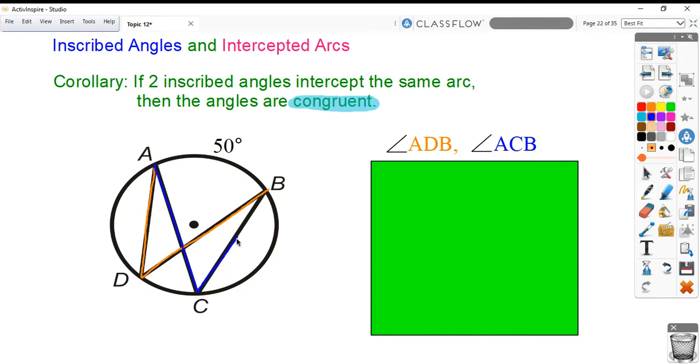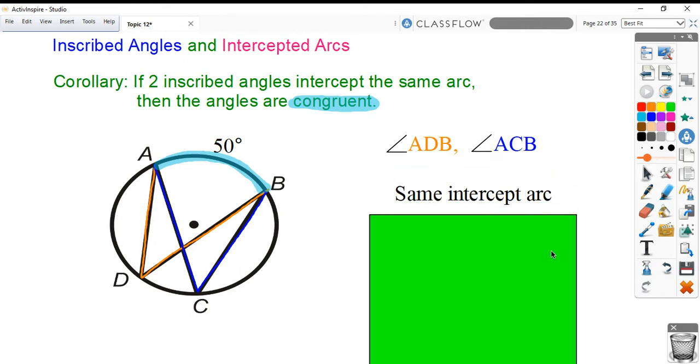Now, both of these angles, when you look at their naming conventions, go from A down to another point and then back up to B. And so both of them end up with the same intercepted arc. Even though those angles are separate from each other, they both have the same arc AB. It's arc AB that is the intercepted arc that they both have.